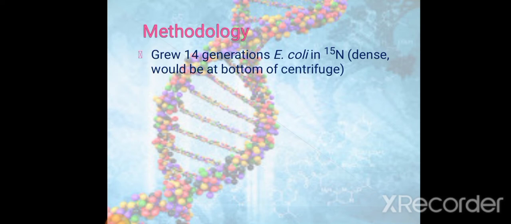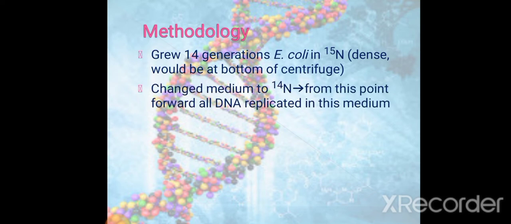The first step is that the N14 containing E. coli are grown within the media where there is the presence of N15 isotope, and about the 14th generation of these E. coli cells are grown within the media containing the N15 isotope.